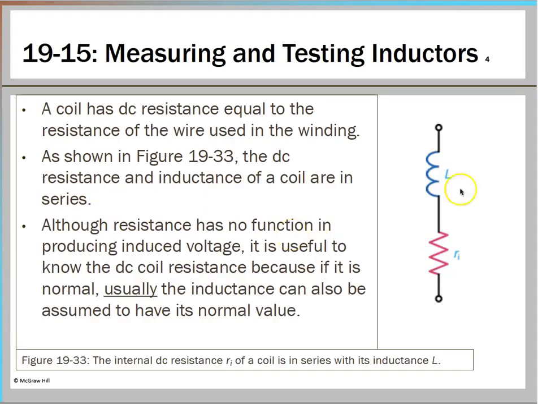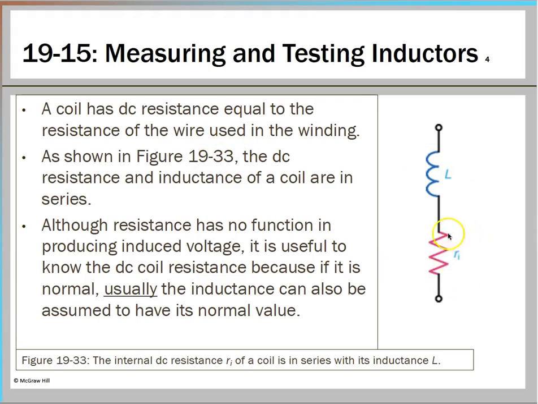Now next is the equivalent resistance shown in the inductor. This Ri represents the DC resistance, which is equal to the resistance of the wire used in the winding.